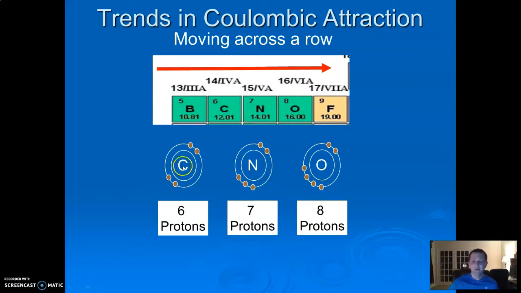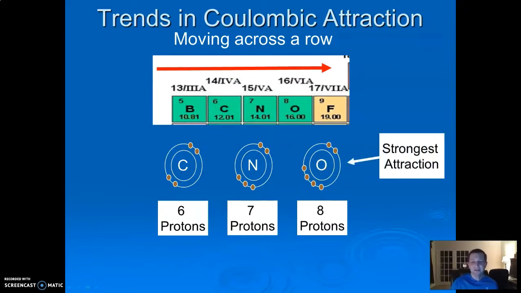The nucleus for carbon is a +6, nitrogen's a +7, oxygen's a +8, because the neutrons are neutral. Think of these numbers of protons as how strongly the nucleus is pulling in on the valence electrons. Carbon is pulling with a pull of 6 protons, nitrogen with 7, oxygen with 8. So oxygen has the strongest attraction here, and carbon has the weakest.